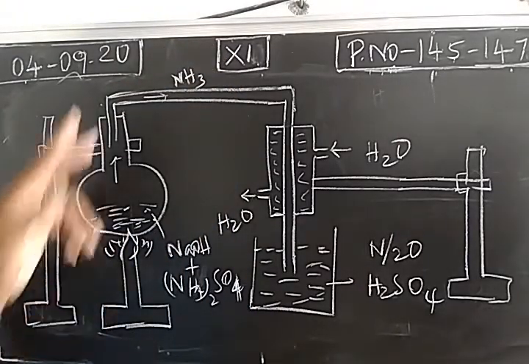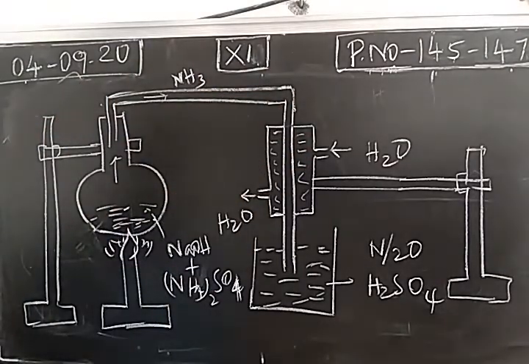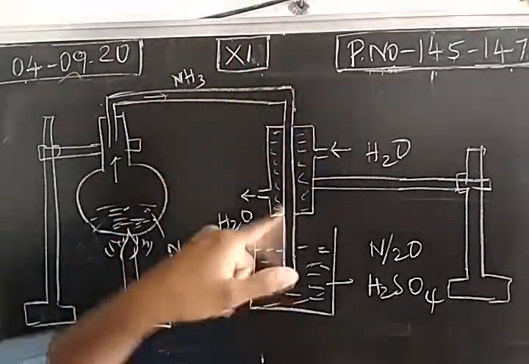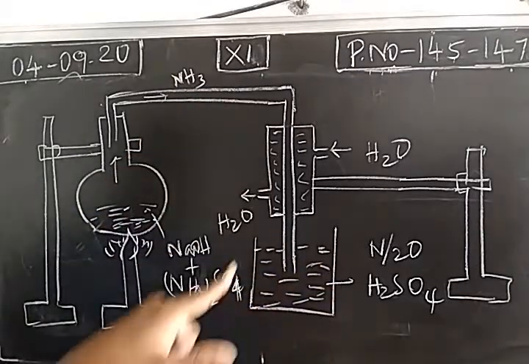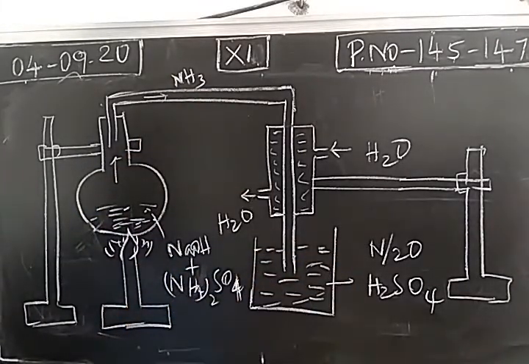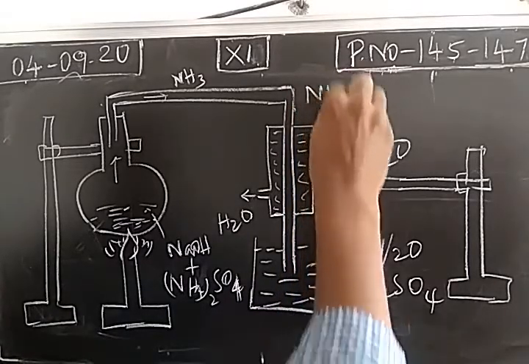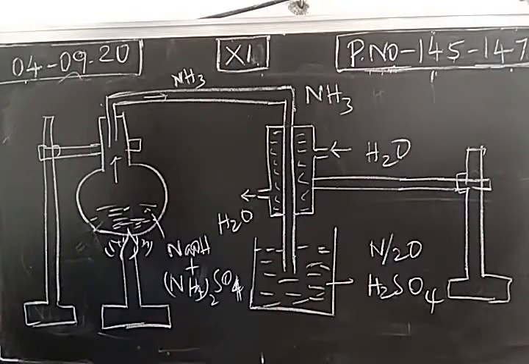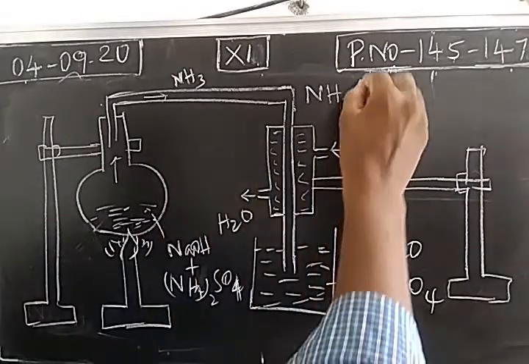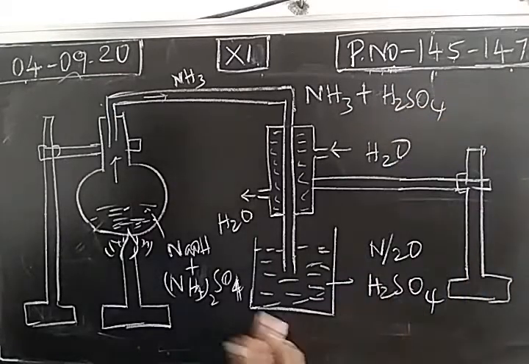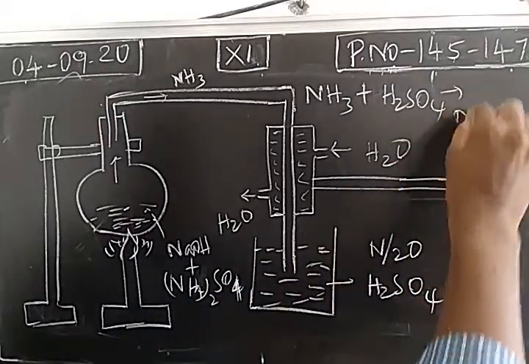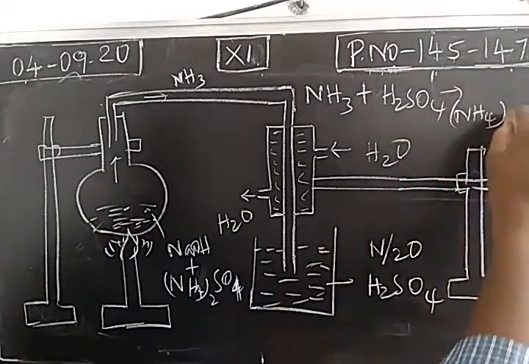When it is passed through this water condenser it gets cooled, and ammonia is dissolving in the sulfuric acid, so it is again forming ammonium sulfate. So in this heating process, the liberated ammonia combines with sulfuric acid in this reservoir. It forms again ammonium sulfate.